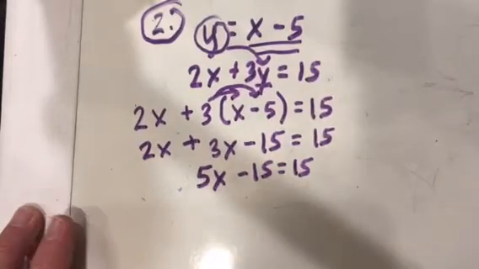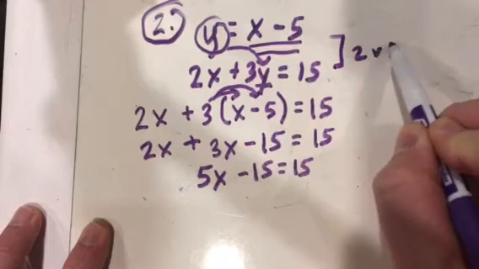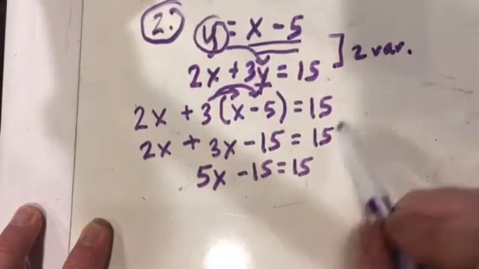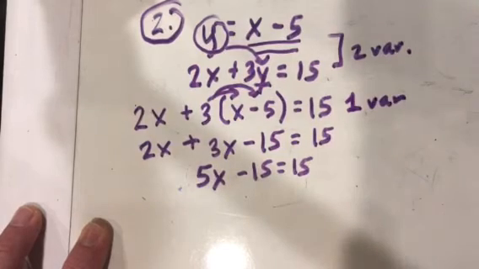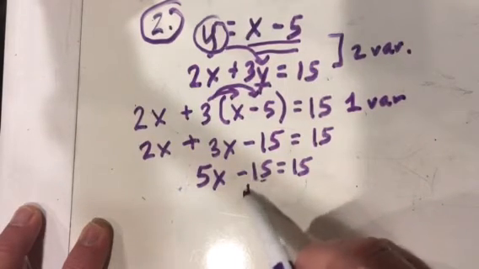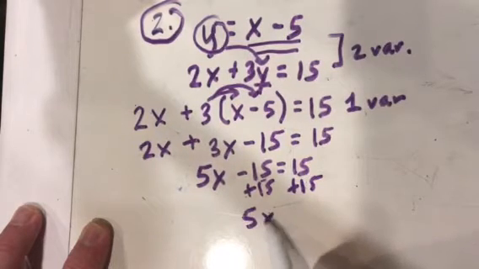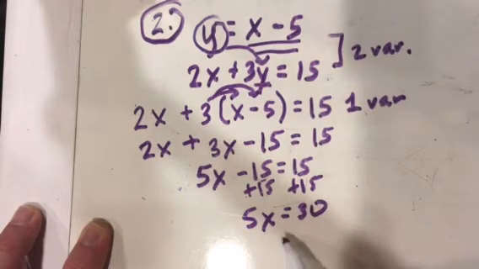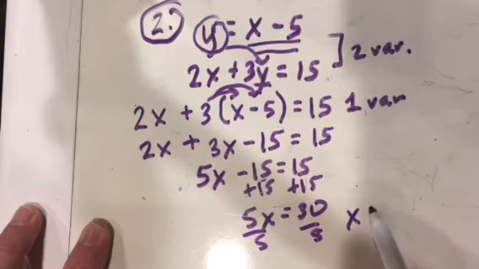So we started out with two equations that both had two variables. After substitution, we get down to one equation with one variable. The way you finish this one out is add 15. We now have 5x equals 30. Divide by 5, x is 6.